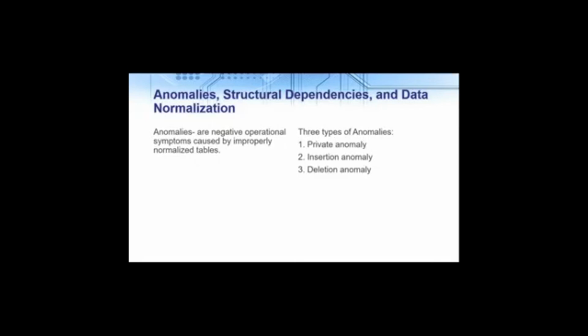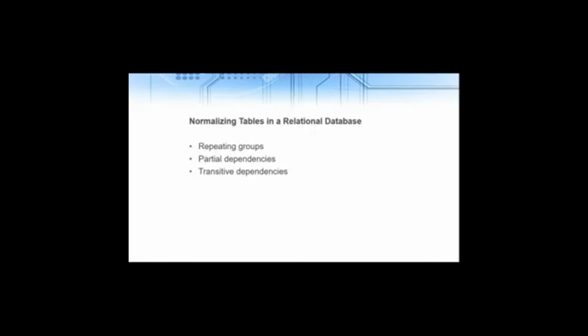The organization does not yet purchase from the vendor but may wish to do so in the future. The third one would be the deletion anomaly. The deletion anomaly involves the unintentional deletion of data from a table. This one is an example of a deletion anomaly.